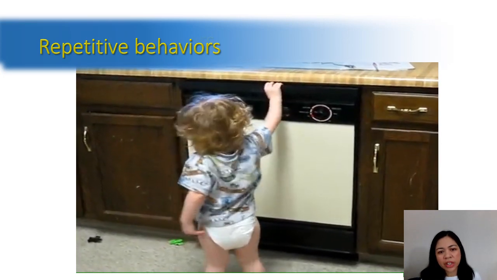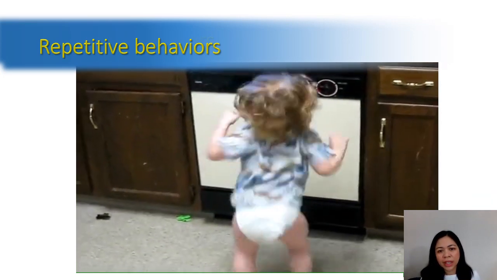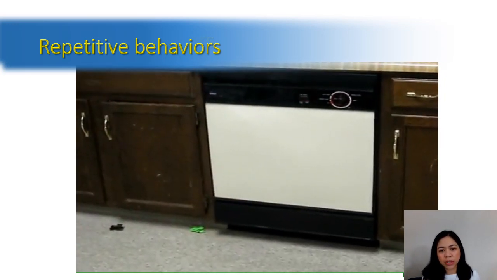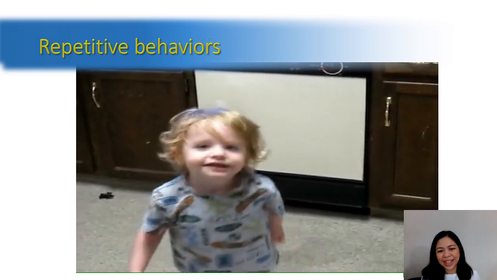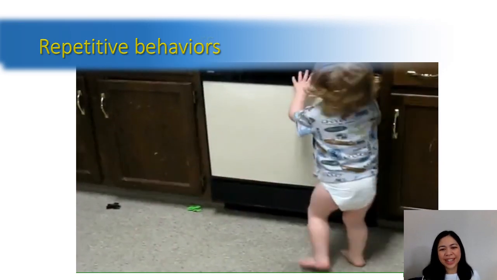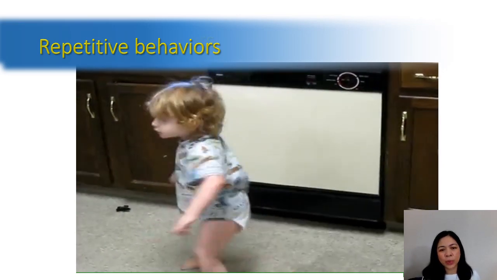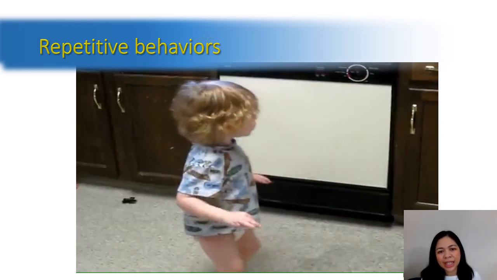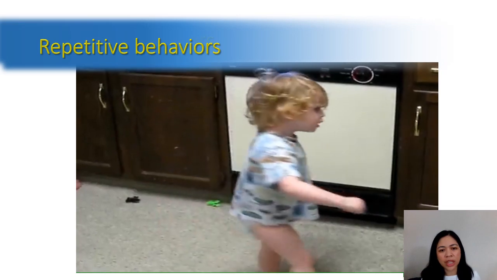So if we watch this child, he's quite interested in the knobs of the dishwasher. It makes him so happy that he claps his hands and twirls around. Notice that when he is twirling around, he has side gazing, looking to the side.